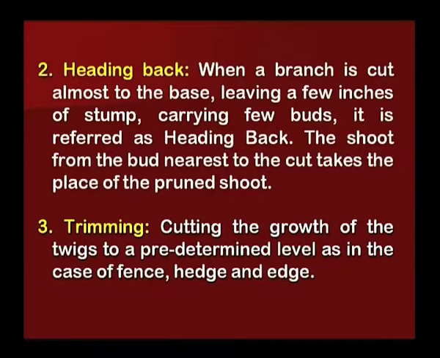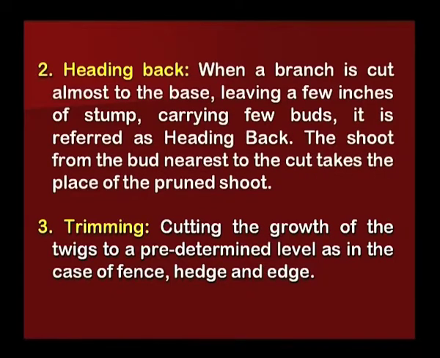Heading back: when a branch is cut almost to the base, leaving a few inches of stump carrying few buds, it is referred to as heading back. The shoot from the bud nearest to the cut takes the place of the pruned shoot.